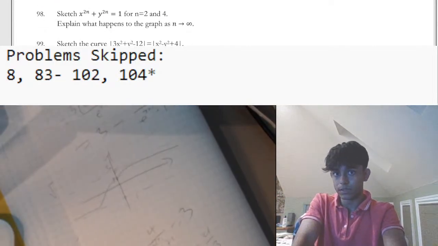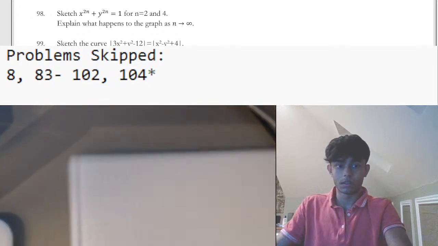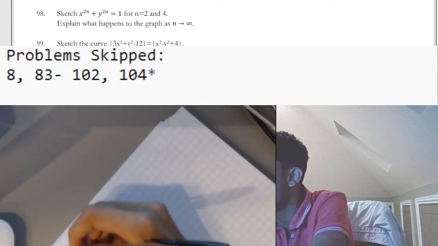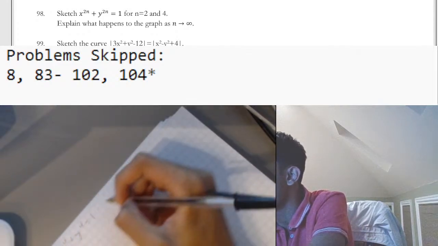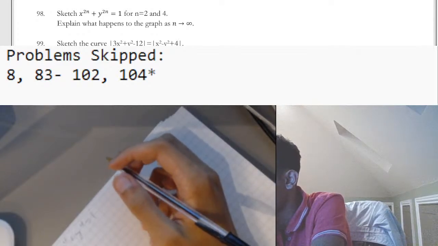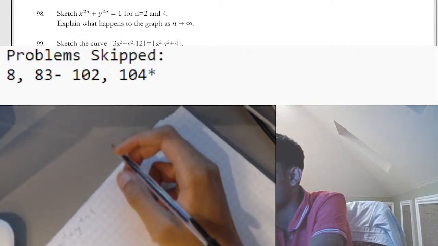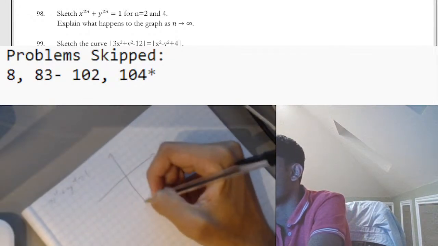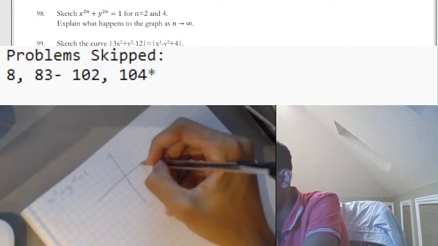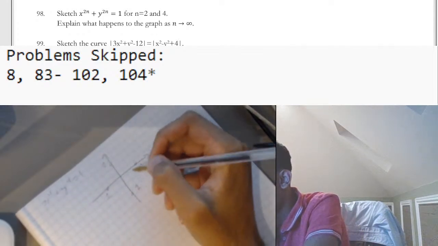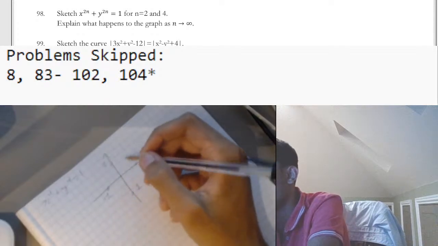Okay, sketch this thing. So n equals 2, x to the 4 plus y to the 4 is 1. So it's like a circle type thing. So you have 1, 1, minus 1s.